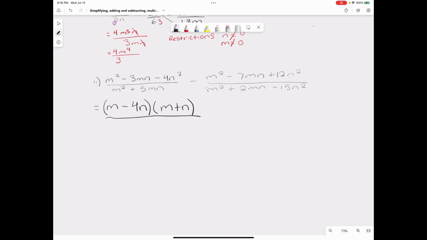And then over m. And in this scenario, we're just finding a GCF, something that's in common with the two terms, and then putting it outside of the bracket. This would be m plus 5n. Then we're going to keep the sign the same. Or sorry, it's a division sign.